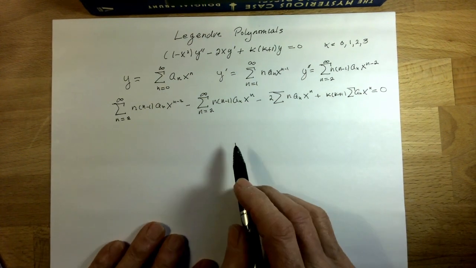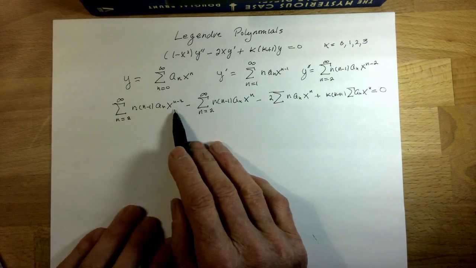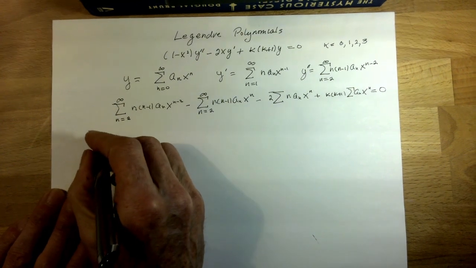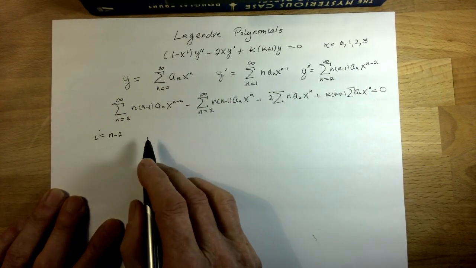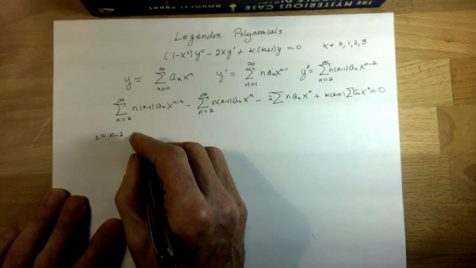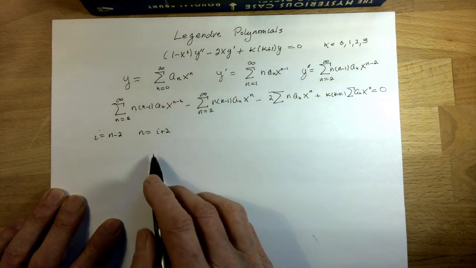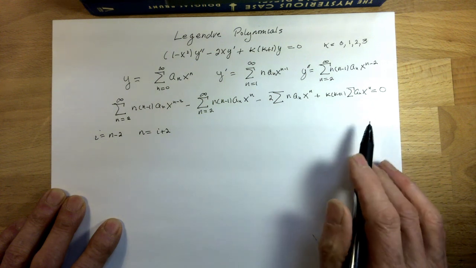Okay, now all these terms have x to the n except the very first one. So we're going to change that very first one. We're going to let i equals n minus 2, and therefore n equals i plus 2. This is a change of index, so I'm going to get everything in terms of x to the n, and then I can factor out the coefficient.